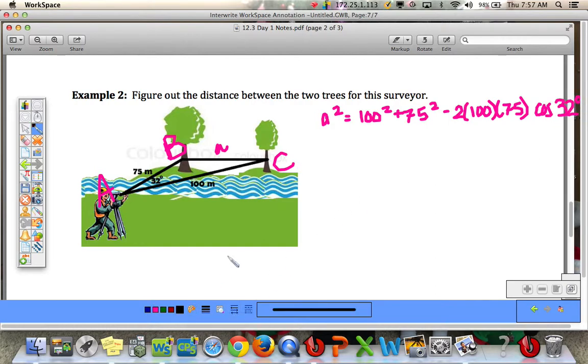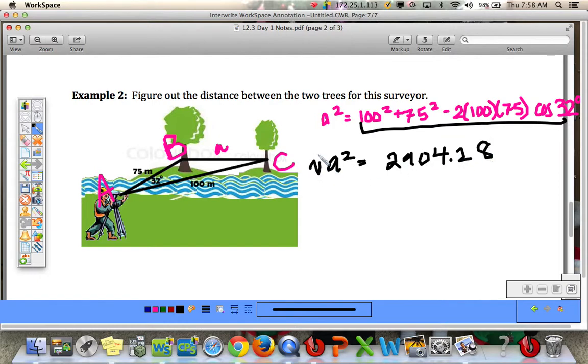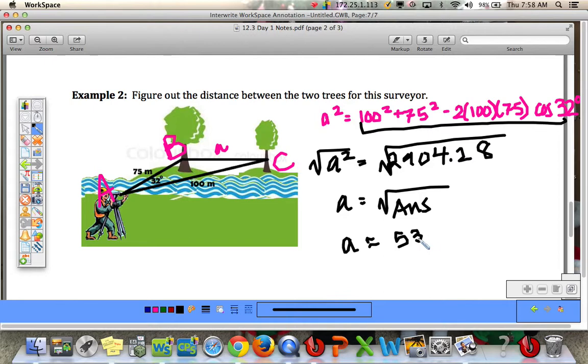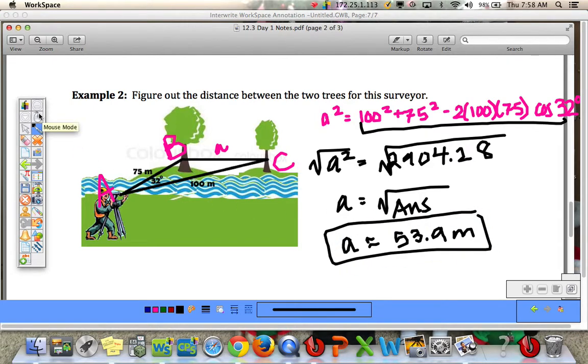Again, you type that all in your calculator. So A squared will be 2904.28, and then take the square root of that. And remember, in your calculator, you should do the square root of your last answer. And A is about 53.9 meters. So there's the distance between the two trees.